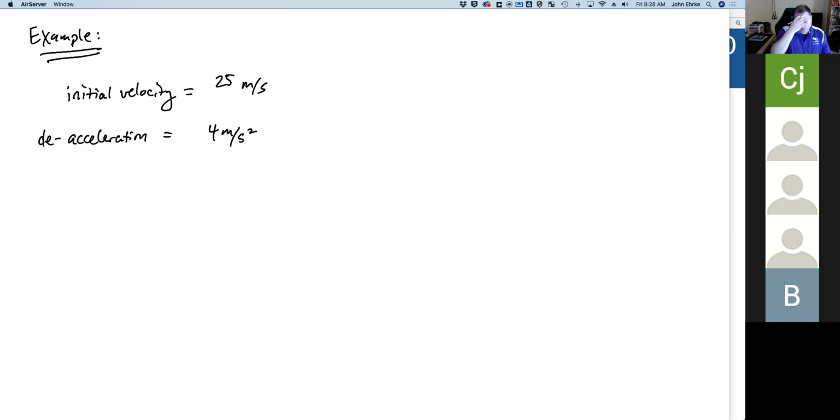That's the rate at which it decelerates as it puts on its brakes. Couldn't you also say that the acceleration is just -4 meters per second squared? Yes, and that's what we're going to do. We're going to end up doing that here in just a second. Now, I know a lot of you have physics backgrounds, and there are any number of formulas from physics that could help us solve this problem.